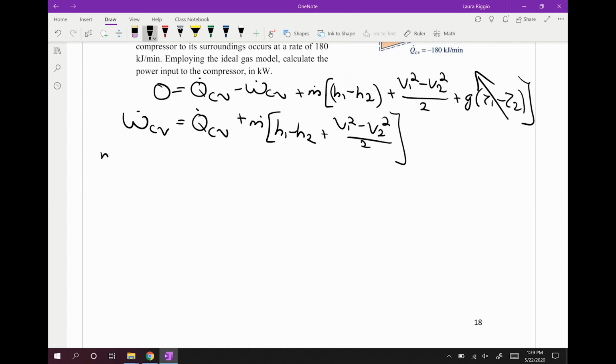We need our mass flow rate, which is our area times our velocity over a specific volume.